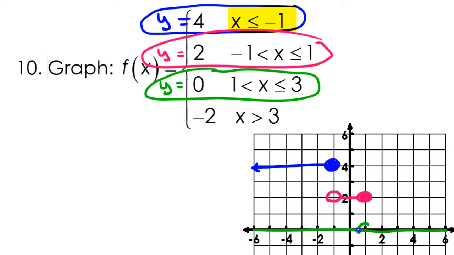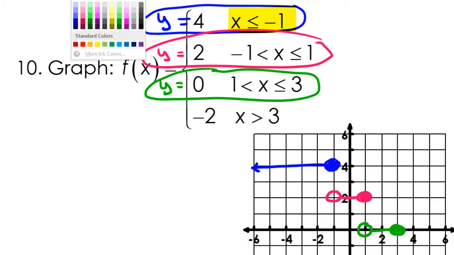Okay, so here's 1 and here's 3. So between 1 and 3. Okay, now it says 1 is less than x, so I'm going to leave that as an open circle, which is less than or equal to 3. So we're going to include the 3 at this level of 0, so I will make this a closed circle.